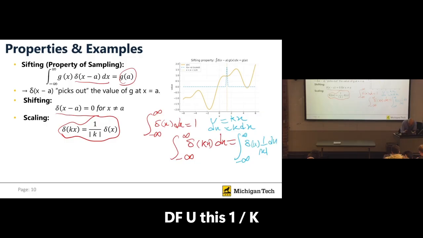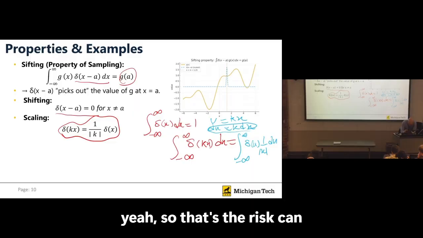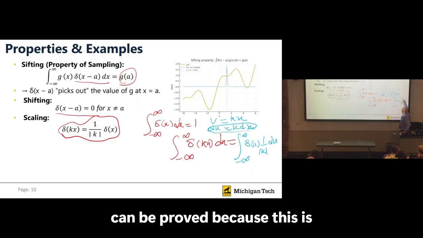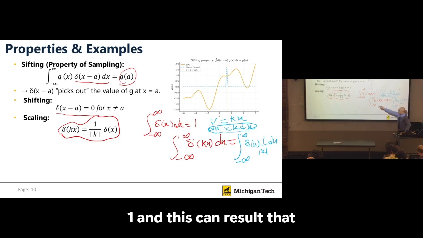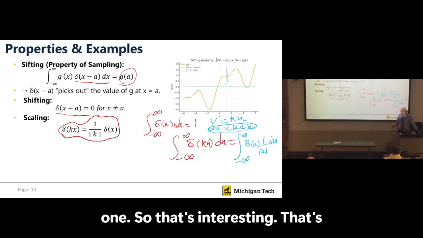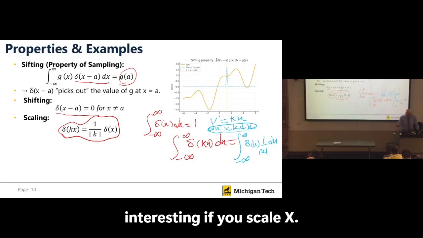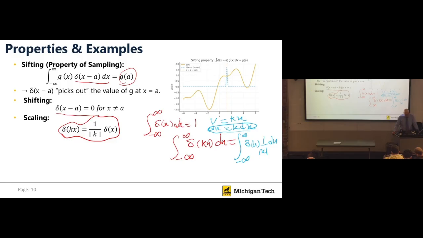This 1 over k comes from this. And the rest can be proved because this is 1, and this can result in that one. So that's interesting. If you scale x, a delta function gets scaled reversely.